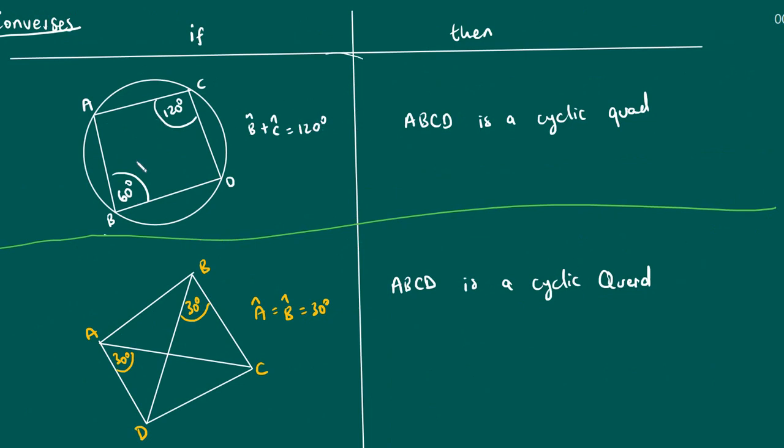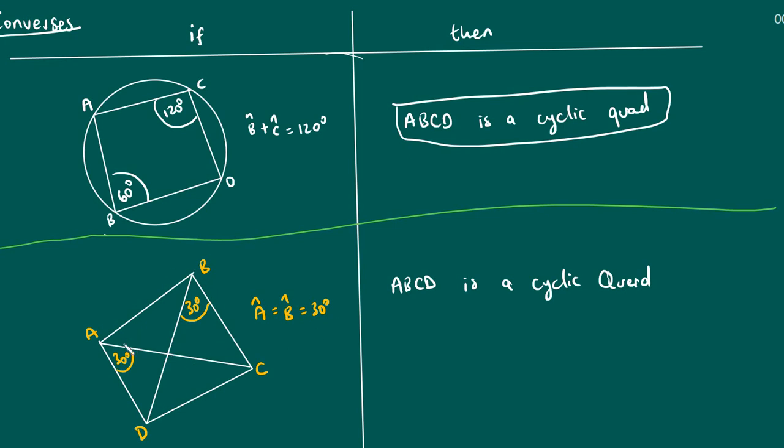So if you see that you are given angle B and angle C, and when you add them, you find that it's 120 degrees, your conclusion will be that this is only possible if ABCD is a cyclic quad. It's like you are given the right hand side, and then you conclude with the left hand side.